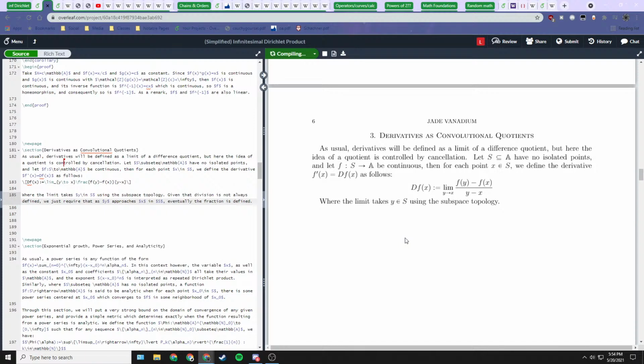Once we get to that region where it is defined, then we also want to have this convergent limit.